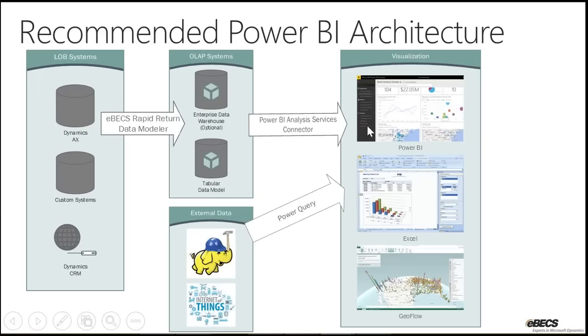So once you have that, once you start querying your data and building your dashboards, you can also start utilizing Power Query to go searching for external data, whether it be Hadoop or whether it be the Internet of Things or some internet data feed from somewhere. It could be a machine on a factory floor if you wanted to start blending that with your accounting data to determine how profitable that machine is day to day based on its utilization rate. All can be done very rapidly, very easily by the end user in Power BI.